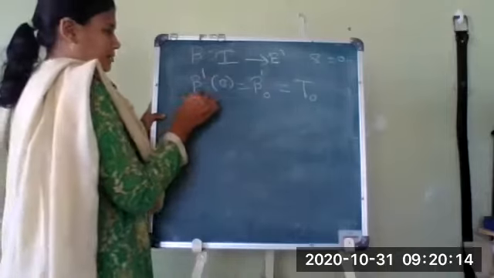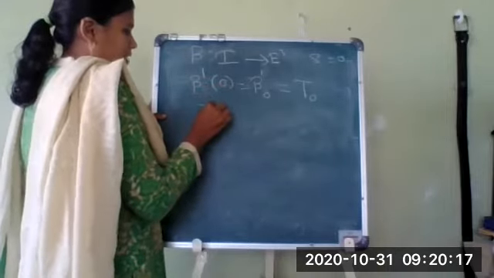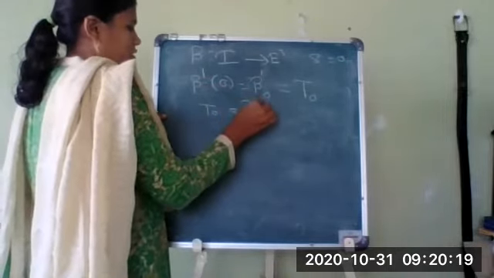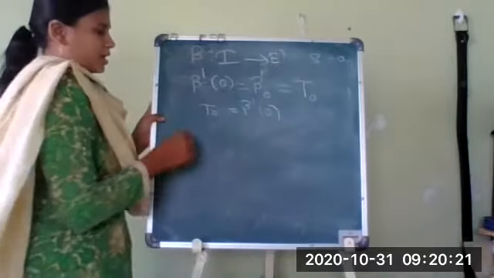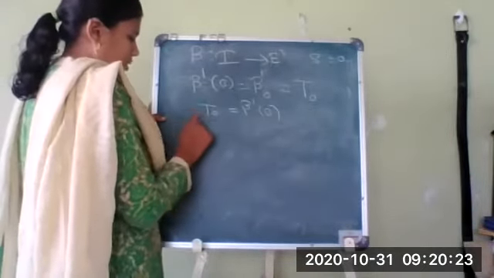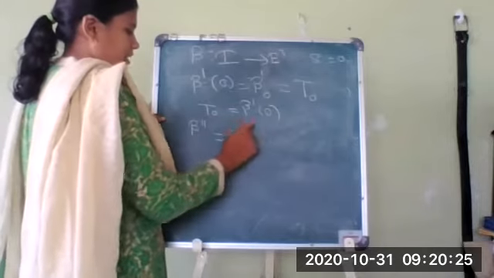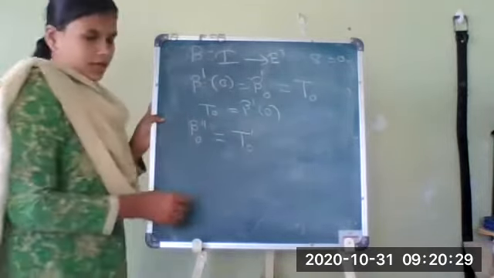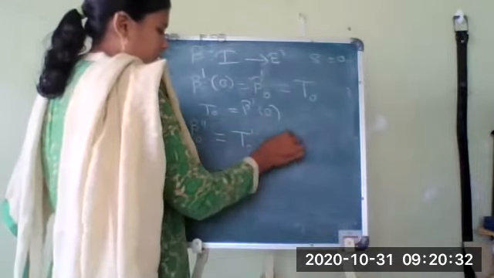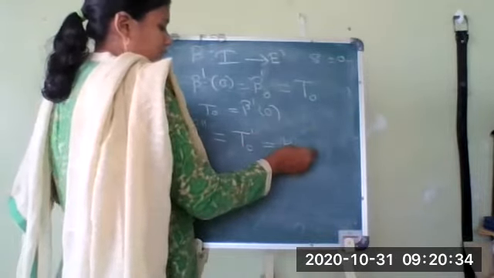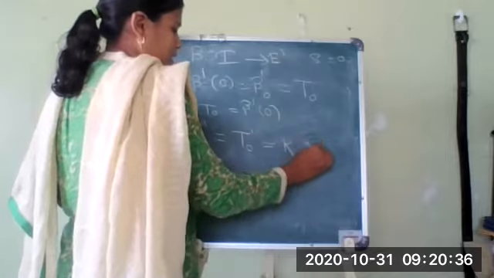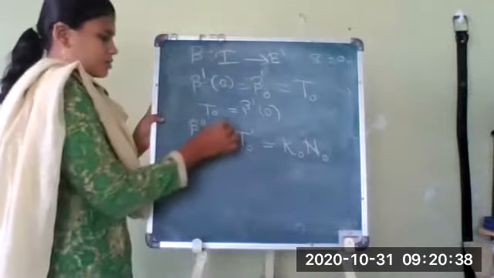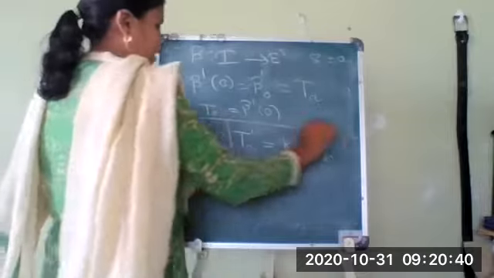So beta dash of 0 is equal to t naught, correct? Now let me write down the formula for beta double dash. It is t dash. If we are calculating at 0, let me write t naught. What is the formula for t naught? It is nothing but t dash is k into n, that is k naught into n naught. So we have got the formula for beta double dash.